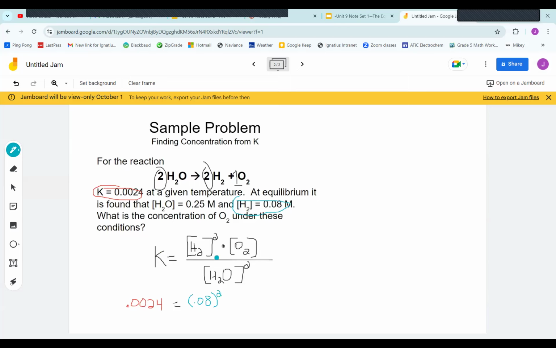And since in the expression we had to square that, we're going to make sure to square it, times the unknown, X, that's the concentration of O2. We don't know that one, so we're going to solve for it. And that's all divided by the concentration of H2O, which was given as 0.25.